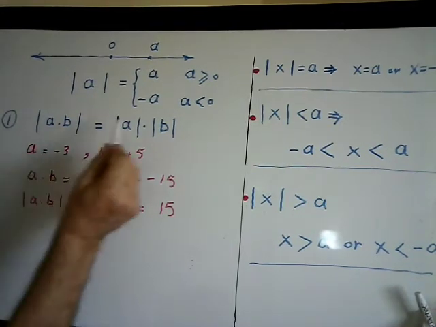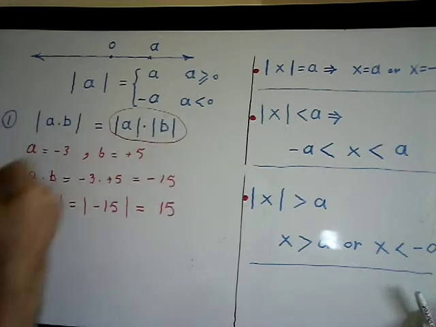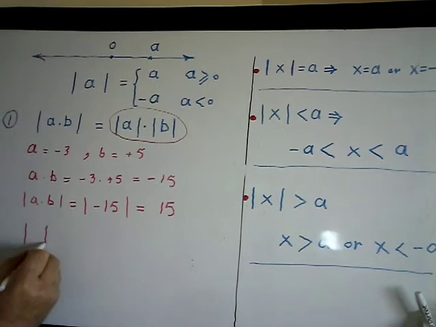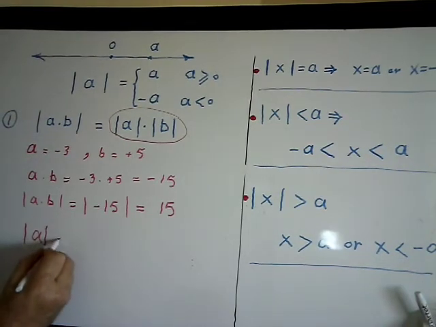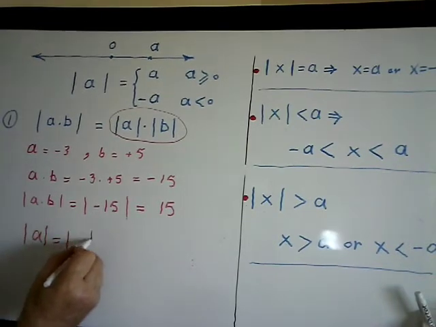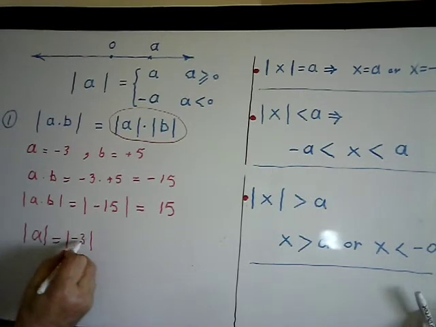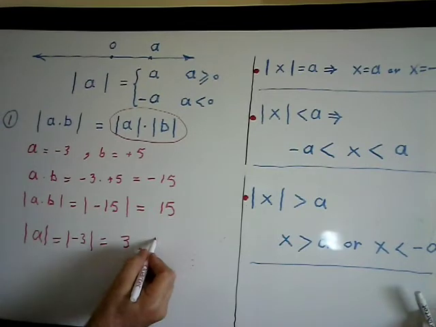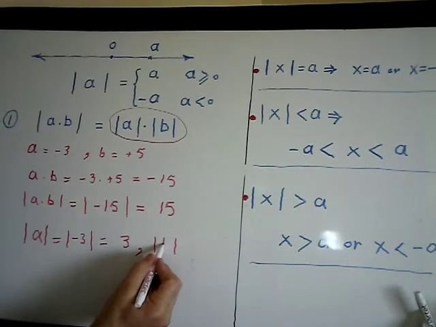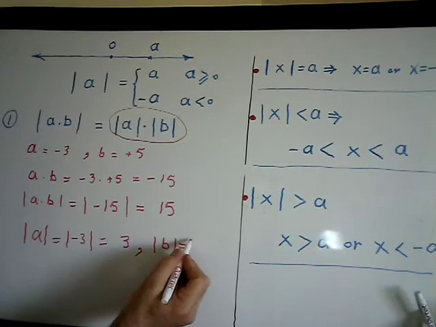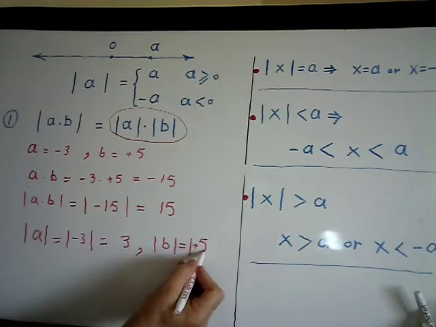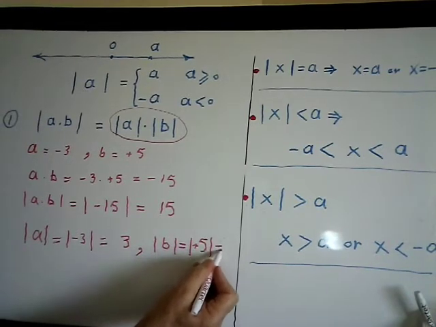Now let us discuss the other side. The absolute value for A is the absolute value of negative 3, which means it's 3. Also, the absolute value of B is the absolute value of positive 5, which is positive 5.